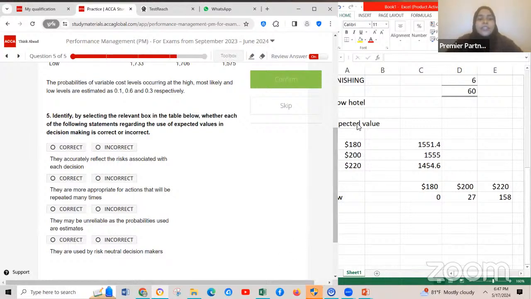Whether each of the following statements regarding the use of expected values in decision making is correct or incorrect. They accurately reflect the risk associated with each decision. Are expected values reflecting accurately the risk associated with each decision? Are expected values taking risk into consideration?